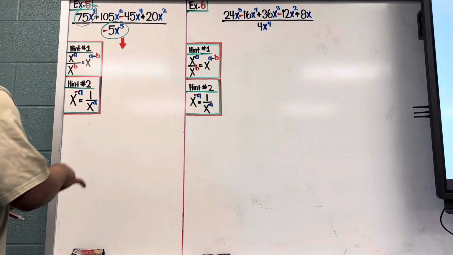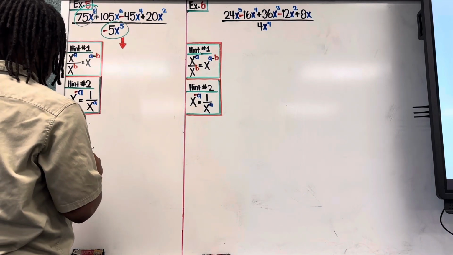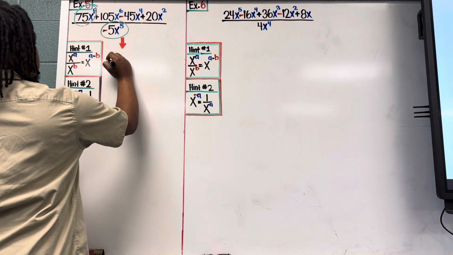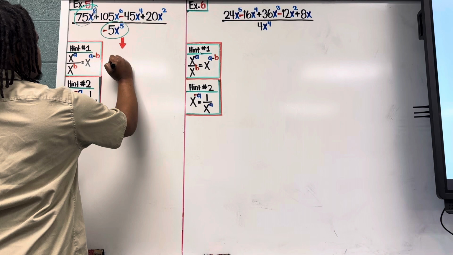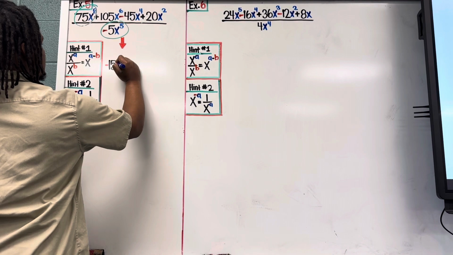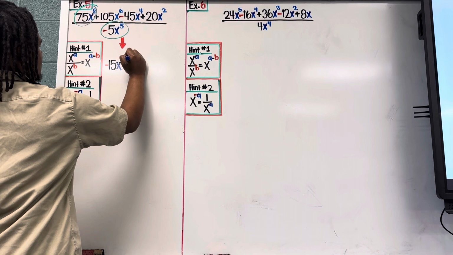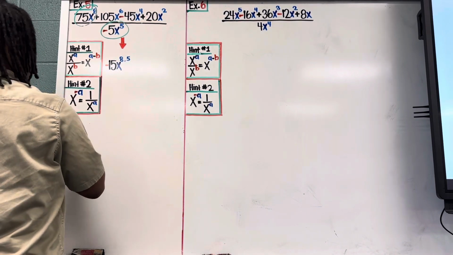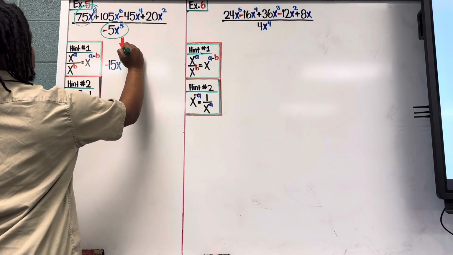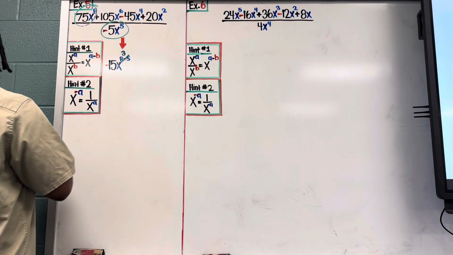First, we need to divide the coefficients, which is 75 divided by negative 5, which is negative 15. So that's negative 15x. And now the exponents, I must subtract: 8 minus 5, which is 3. So that's to the power of 3. All right, now I'm done with this one.